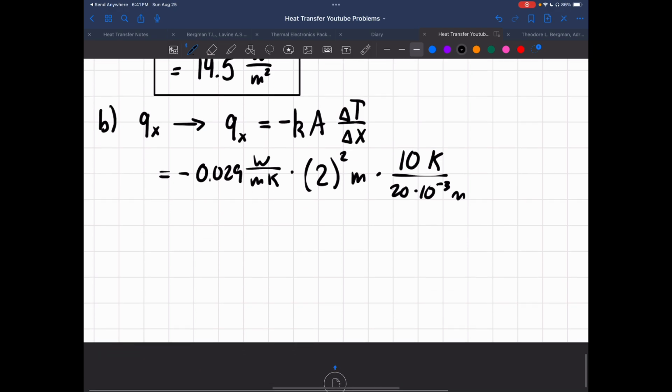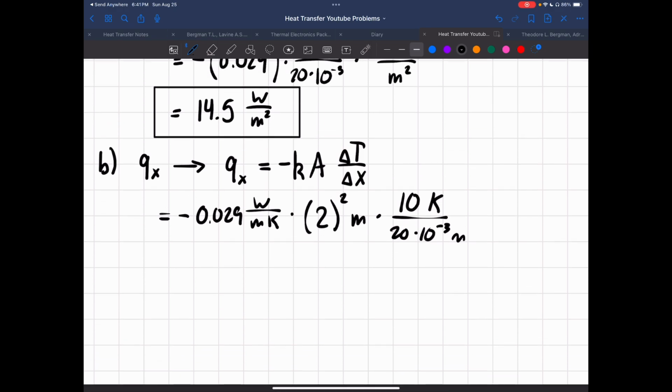However, we can also take a little shortcut here by realizing that there's a relationship between Q sub x and Q sub x double prime. So Q sub x equals Q sub x double prime times the area. And that should make sense, right? Because earlier we wanted to get this, and what we did is divide by A. So now to get the other way, we need to multiply by A. So I'm actually just going to take our answer from last time, 14.5 watts times 4 square meters.